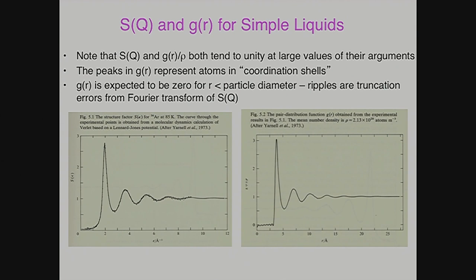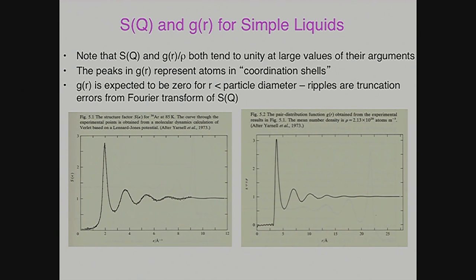What does it tell you? It tells you that the probability of finding two argon atoms separated by a distance less than the diameter is effectively 0. This ripple here is just due to truncation, the fact that you don't have data all the way out to infinity and you're Fourier transforming it, so you get a ripple. So within a distance of the diameter of the atom, there's no probability of finding atoms less than that apart, which is obvious, right?